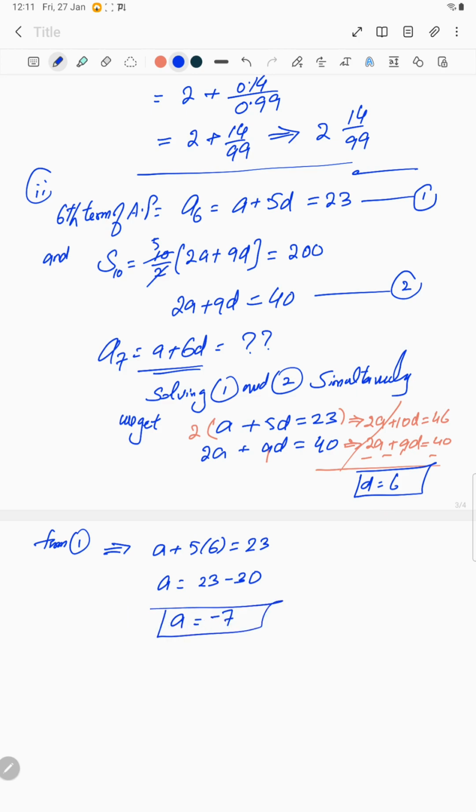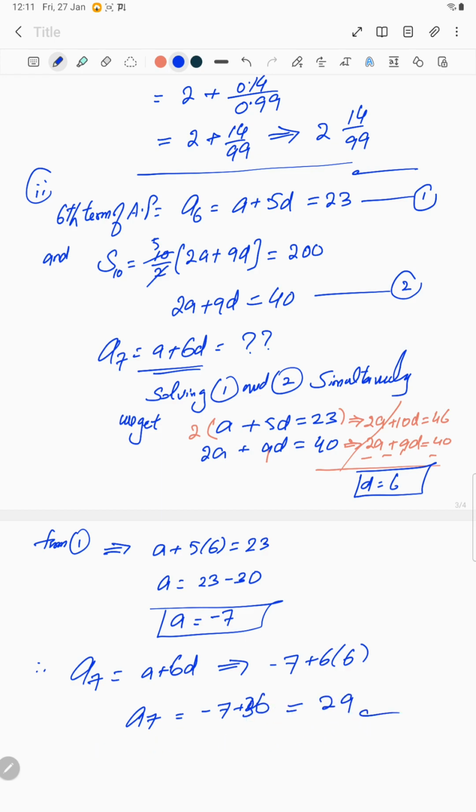So now I have the values of a and d. Therefore, the required 7th term is a plus 6d, that is minus 7 plus 6 times 6. So A7 is equal to minus 7 plus 36, that is 29, the final answer.